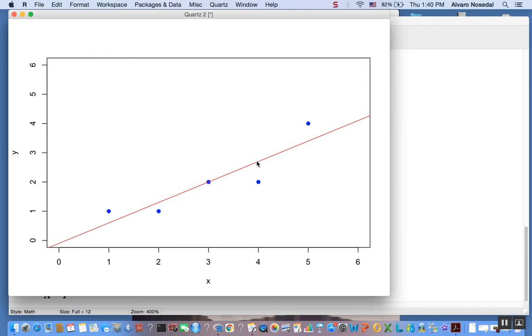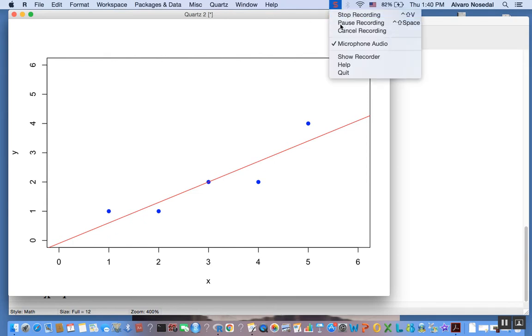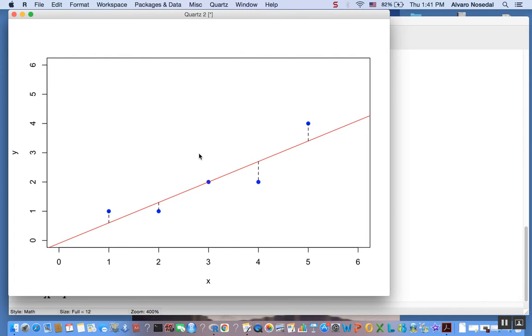Okay, so we're going to measure those vertical distances, we're going to square them, and we're going to add them up. Okay, give me a sec, I have another graph where I have those vertical distances. See, these are the vertical distances I was talking about, right? So that would be the distance between observation and prediction.